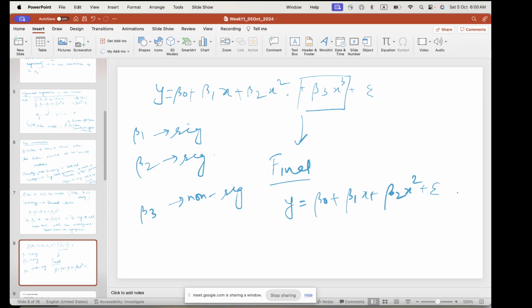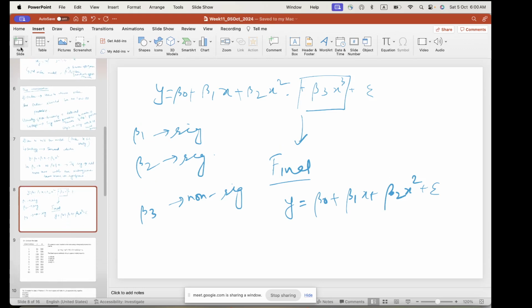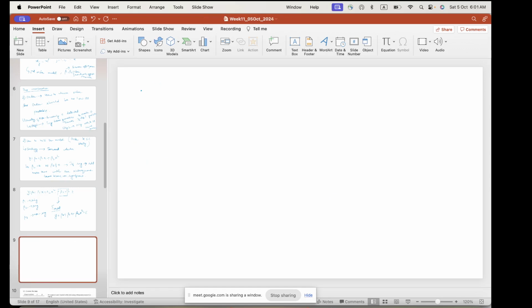Alright. Now, another very important consideration while fitting polynomial regression is the problem of ill conditioning. Now, what do I mean by ill conditioning?